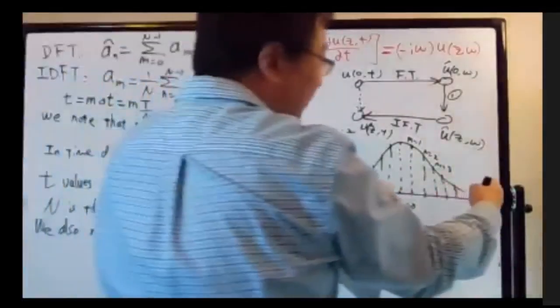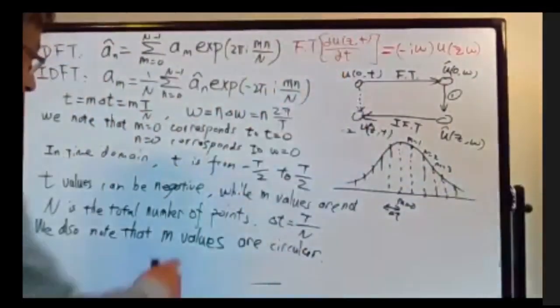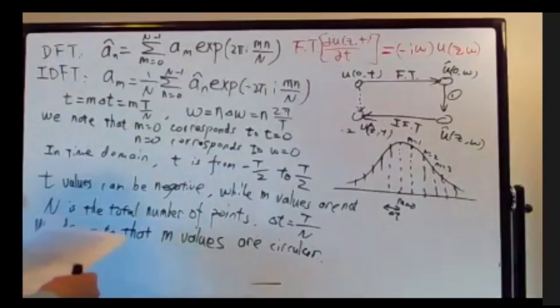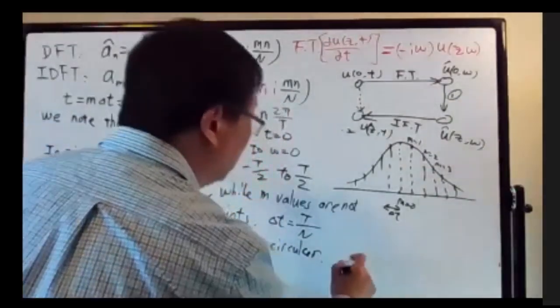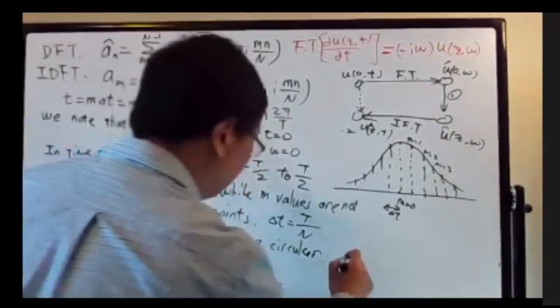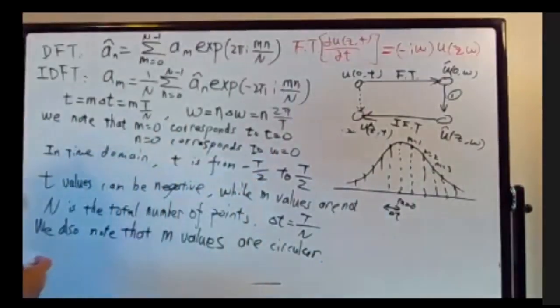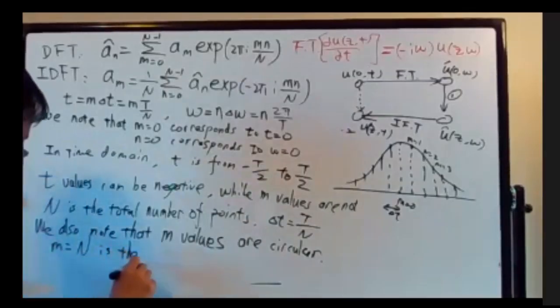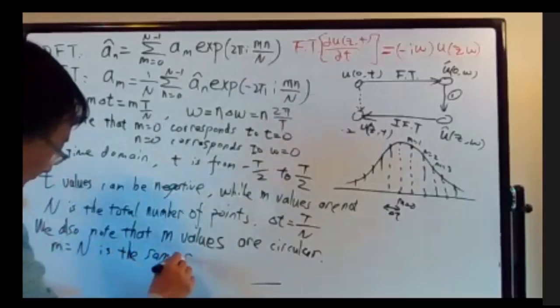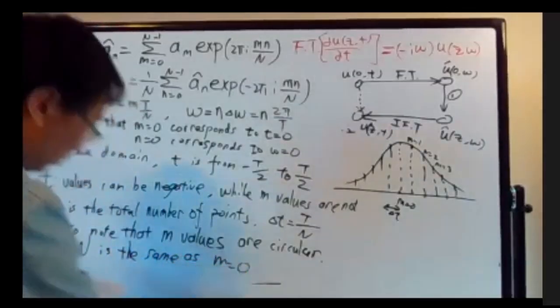So m values are periodic: m equal to capital N is the same as m equal to 0.